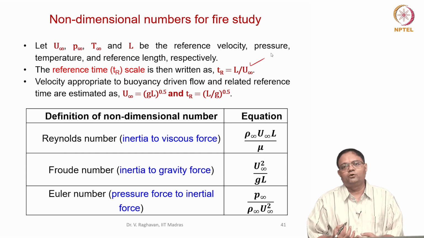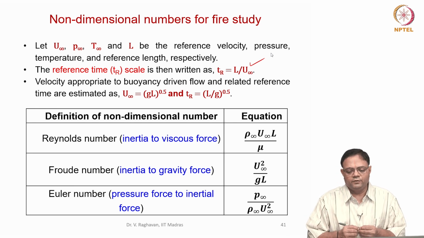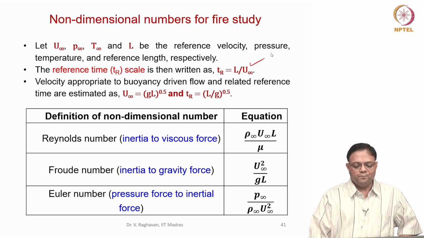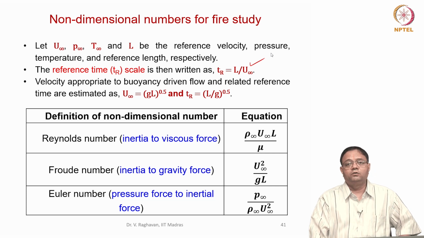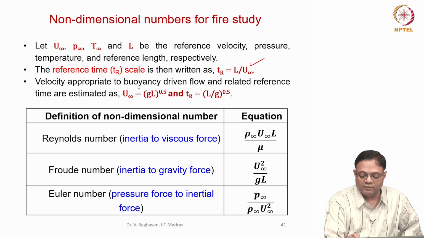Now, in a fire scenario, there is generally no forced convection. It is normally natural convection only. So the velocity scale for most fire scenarios would arise due to buoyancy driven flow.